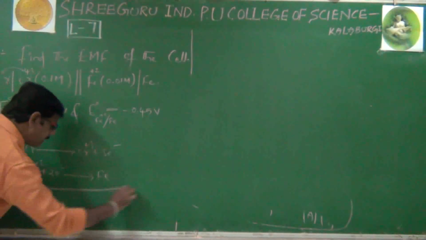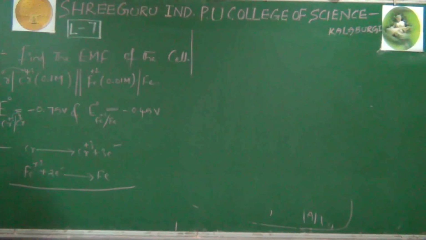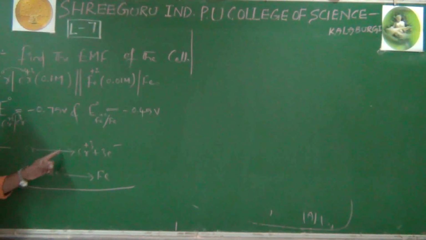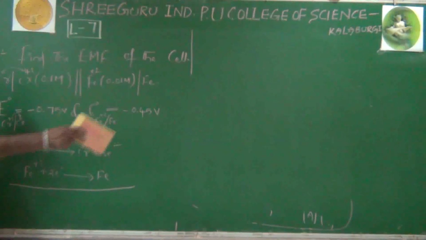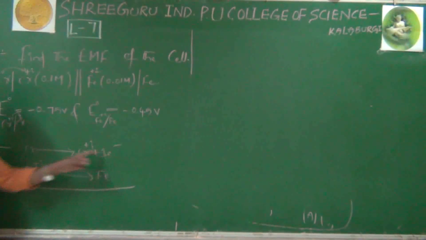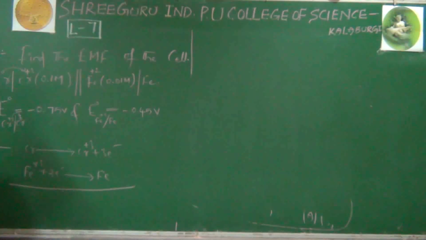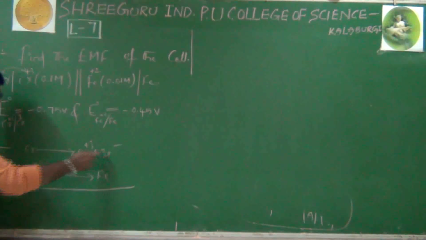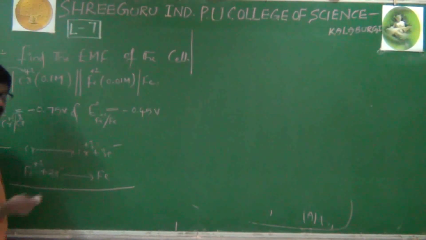Then we have to add both oxidation as well as reduction reactions. Why? Because we'll get a net cell reaction. But the thing is, here first we have to cancel the electrons. Here electrons are not same to cancel. That's why our first job is these electrons we have to make equal.